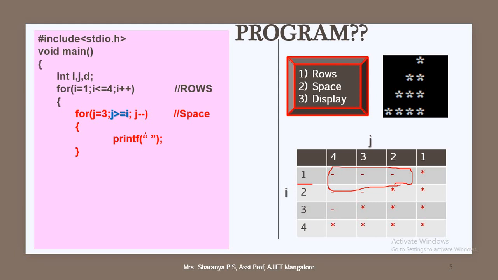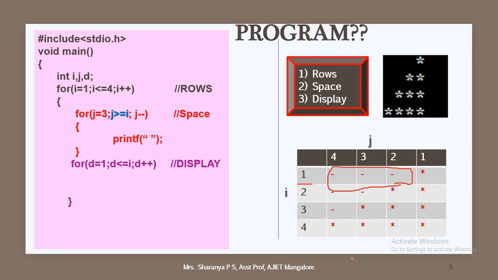The next for loop is majorly used for displaying the content. After we have printed the space, the next aspect is we have to print the pattern. So the next for loop, D will be beginning with the value 1 and this needs to extend till less than or equal to I, and in essence first it will be printing 1 star, next 2, 3, 4.